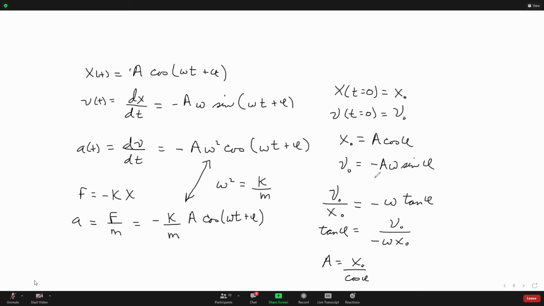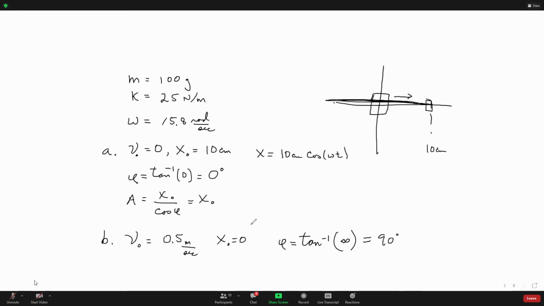However, I can also use this equation, and I can write A is equal to minus v0 over omega sine of phi. So I can use either equation. And in this case, I need to use this because phi is 90 degrees.